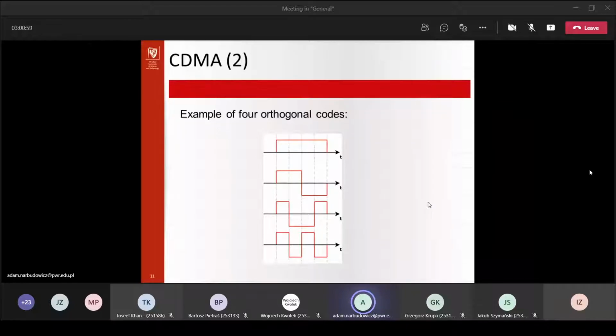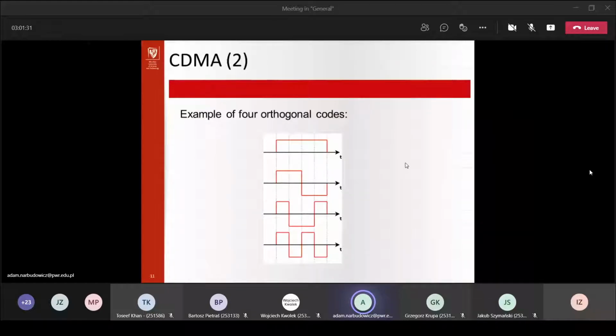And this is exactly the feature which is used to separate the traffic or information for different users. Because what's happening is that on the receiver side, each receiver will be assigned a special code. All they need to do is take their own code, which is intended for them, and multiply the received signal with that code.